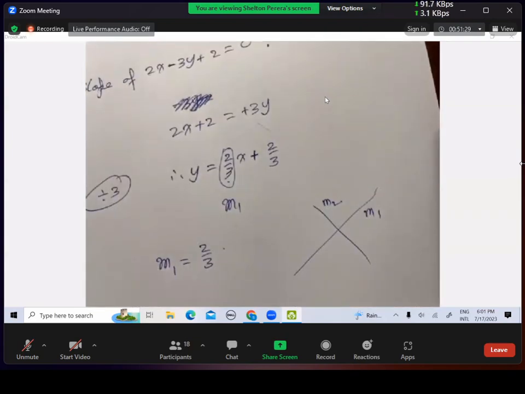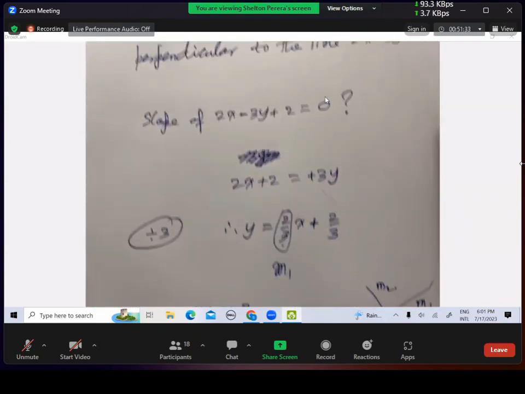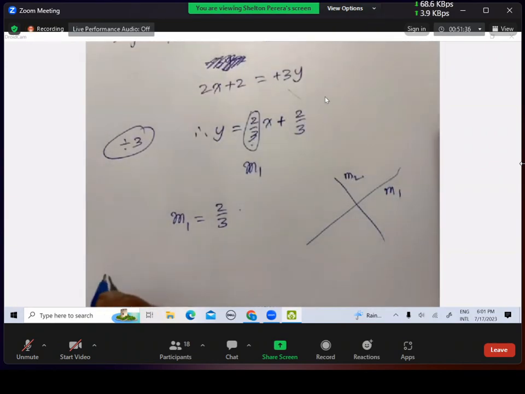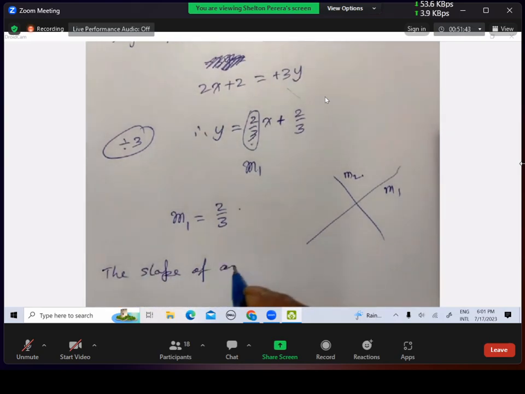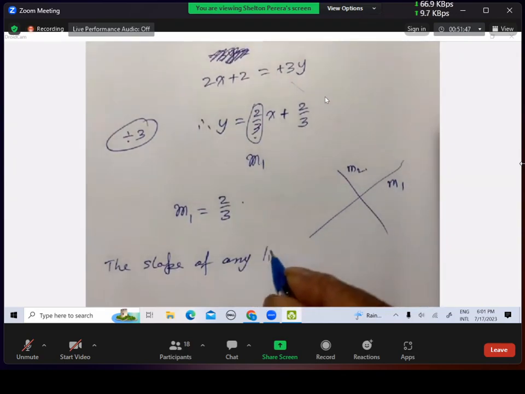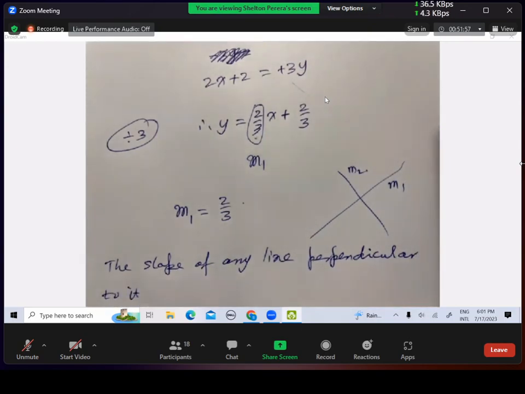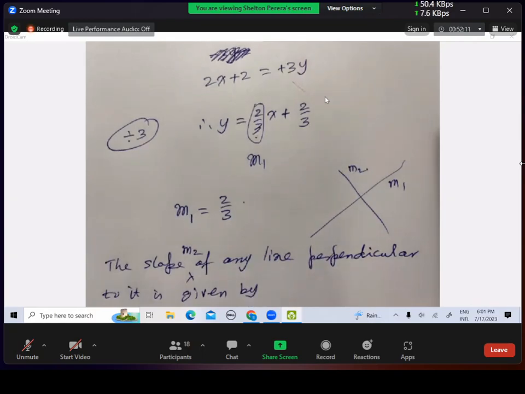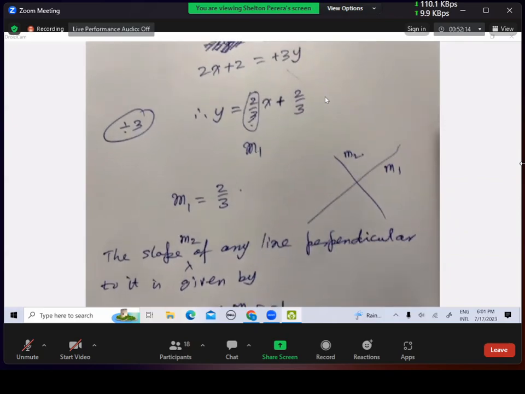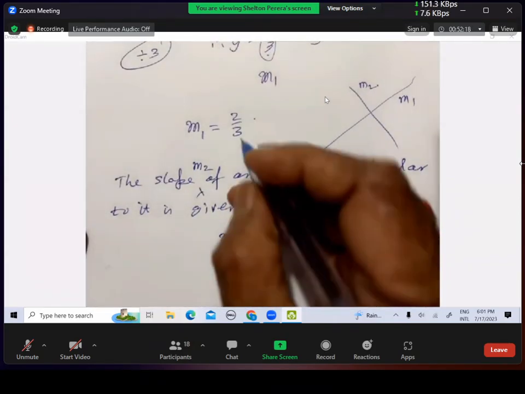The slope of any line perpendicular to it, let us say m2, is given by m1 times m2 is equal to negative 1. m1 is 2 over 3.